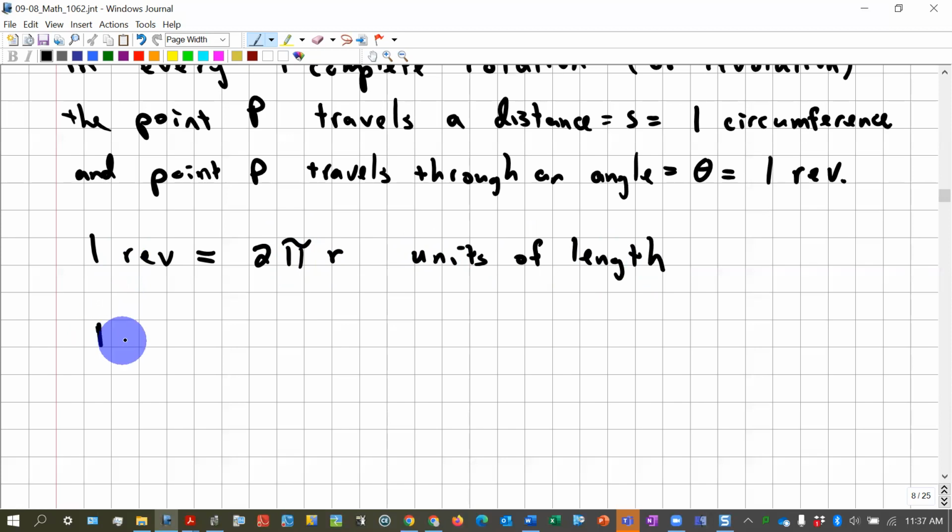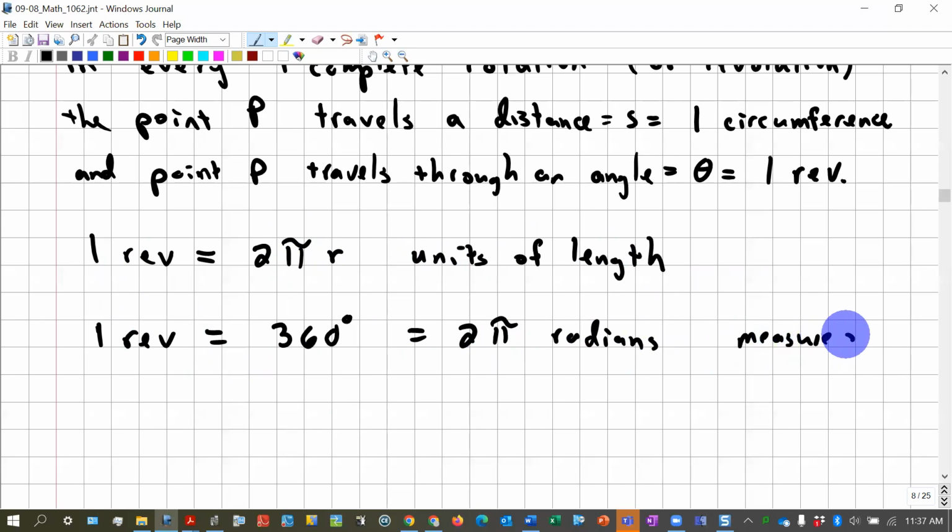But in terms of angles, 1 revolution is either 360 degrees or 2 pi radians, which is a measure of spin, an angle.